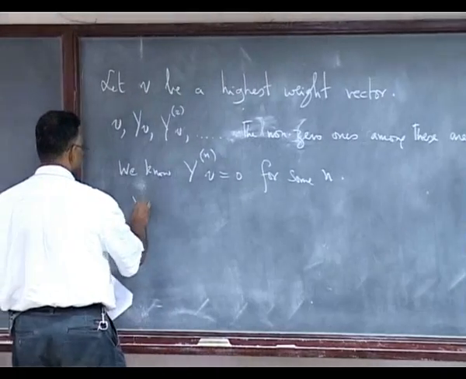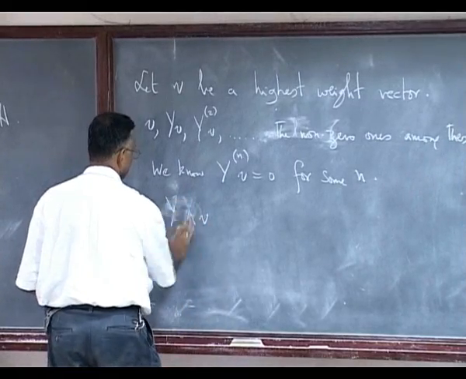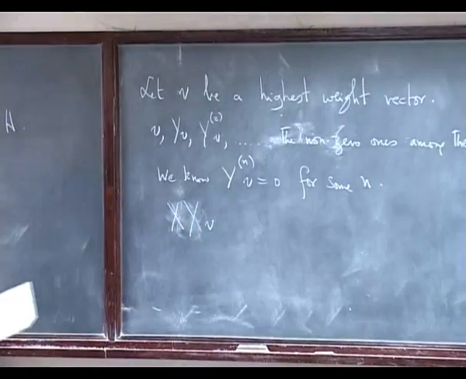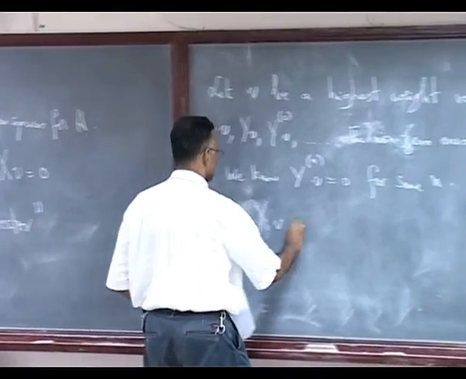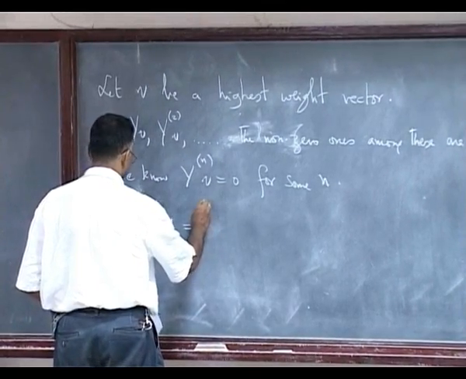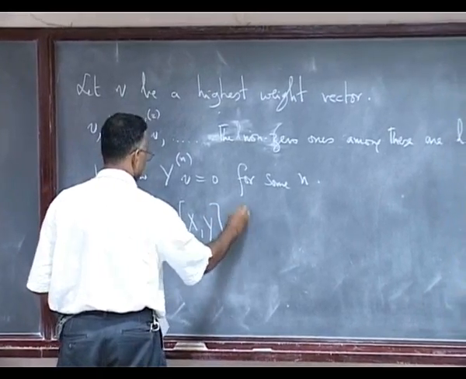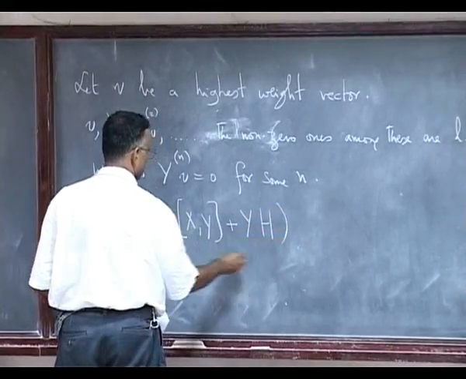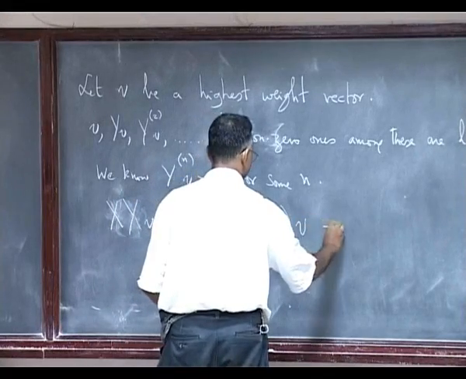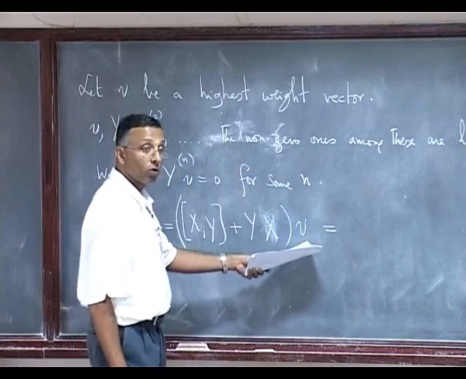So let's do x y of v, or sorry, x y of v. Let's make a calculation. So this we see is right, and x of v is 0.